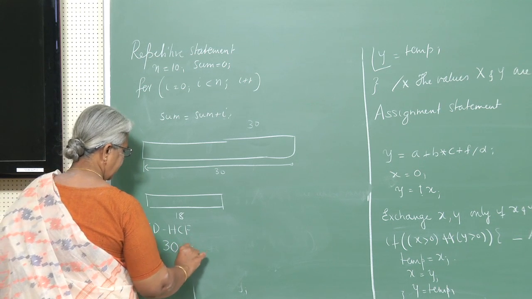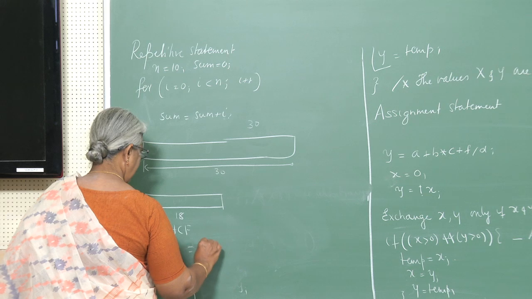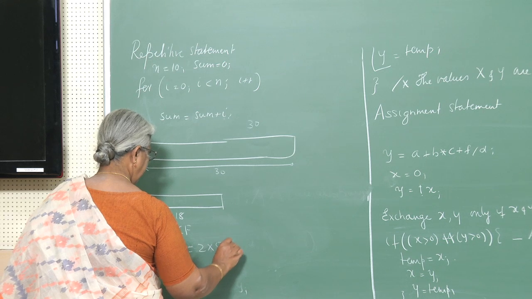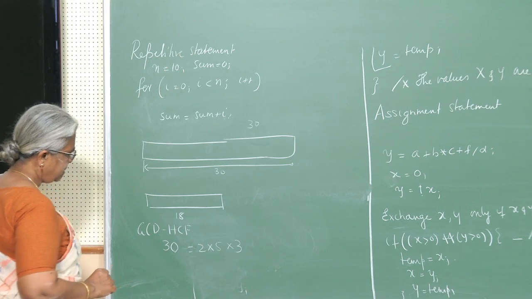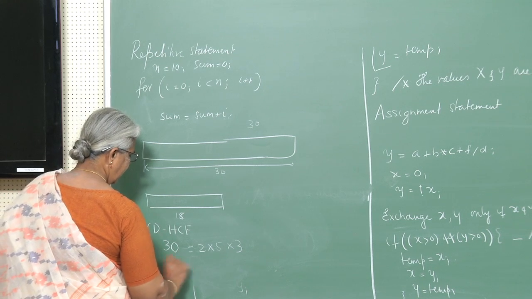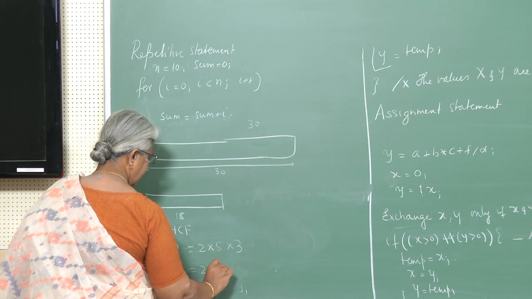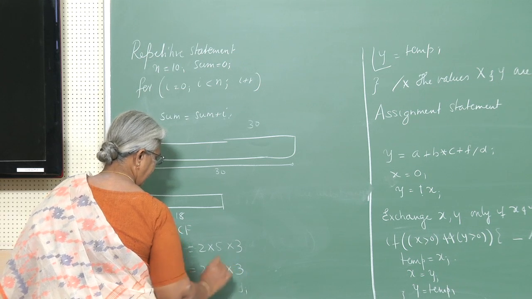You took the number 30 and said, let me write it in terms of its prime factors. All of you know what a prime number is. A prime number is one which is divisible only by itself and 1. I take 18 also, write it in terms of its prime factors, 2, 3, 3.